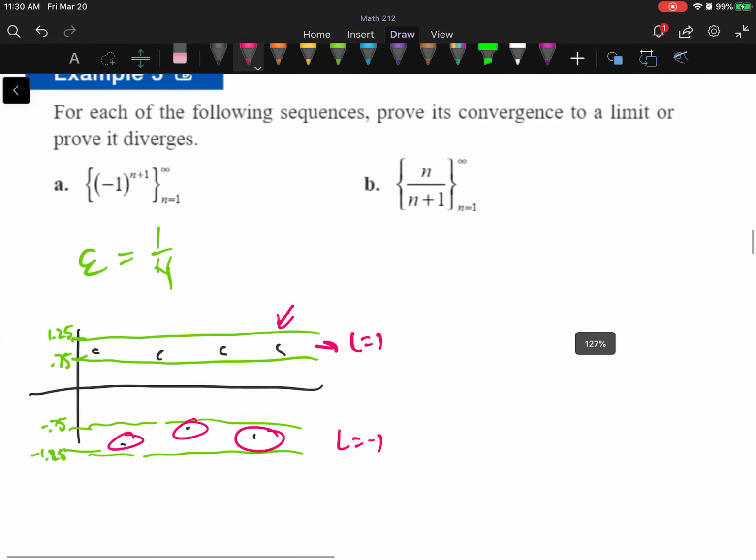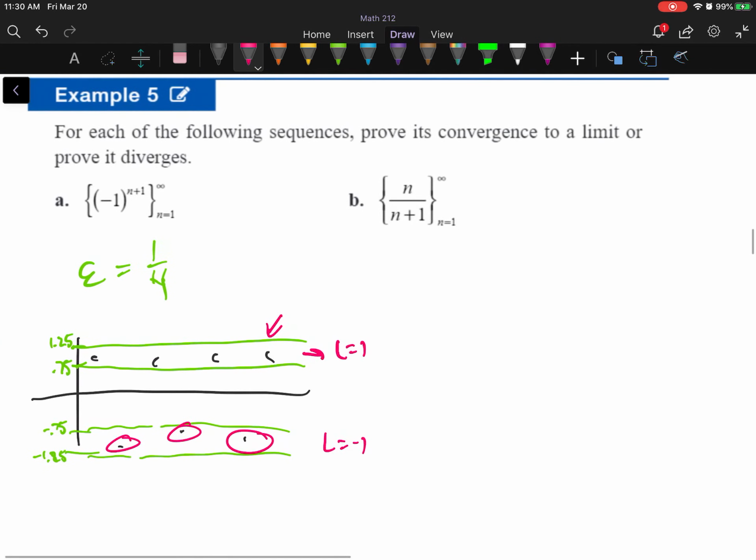For part B, it's a little bit more tricky because we're actually going to try to prove that this thing does converge to the limiting value of 1. For that, we would be using our definition.